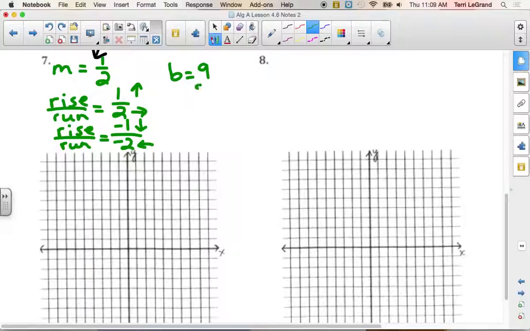Okay, so that's our starting point. And since that's so high up on the graph, I'm going to ignore the first rise over run, and I'm going to use the second one as many times as I can. So I'm going to go down 1, left 2, down 1, left 2, and just keep going until I have a bunch of points to make a good line.